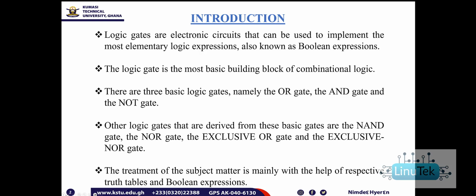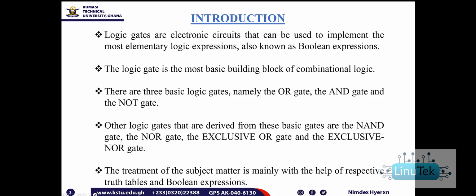Now, when we take the logic gates in general, there are three basic logic gates. That is the OR gate, the AND gate, and then the NOT gate. Now, from these three basic logic gates, we can derive some other logic gates like the NAND, which is a combination of the NOT gate and the AND gate.